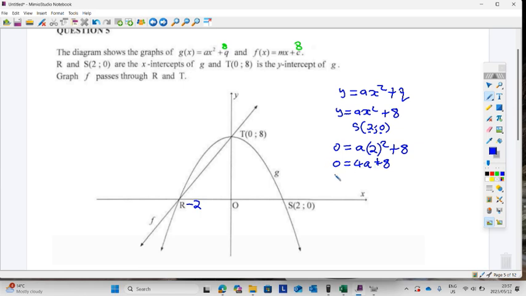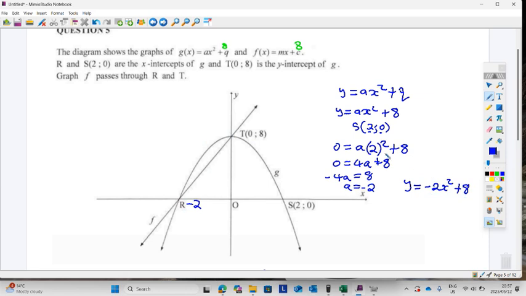Take your 4 to the other side. It's negative 4a is equal to 8. Divide both sides by negative 4. Your a will be negative 2. So the graph of G there is y is equal to negative 2x squared plus 8. Look at that graph of G. It's negative, that's why it's facing downwards.